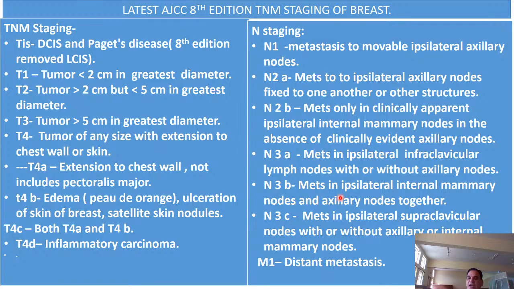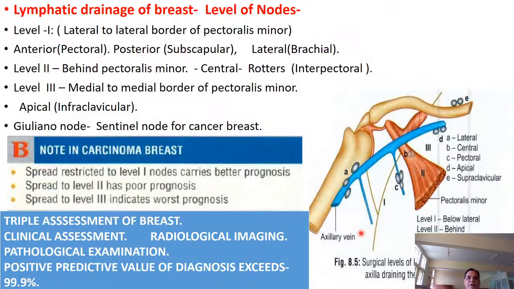N3B, ipsilateral internal mammary nodes and axillary nodes together. N3C, ipsilateral supraclavicular. This makes it inoperable. It goes to stage 4. And M, as usual, distant metastasis, either M0 or M1. For M1, you have to go for a long list of investigations. So this is also sometimes or always asked.